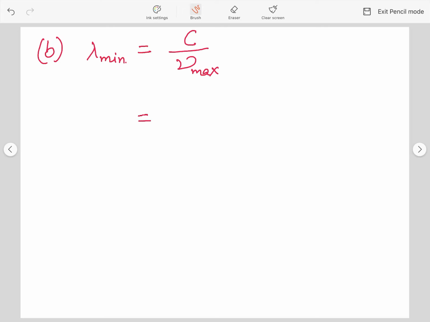So put the value of c, 3 into 10 raised to power 8, divided by the frequency which we have solved just now, 7.24 into 10 raised to power 18 Hertz, and above it is meter per second.